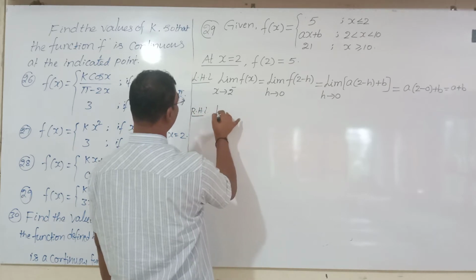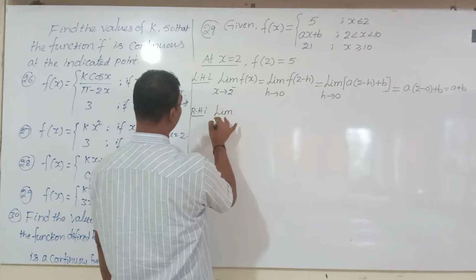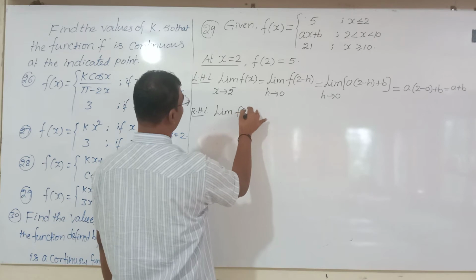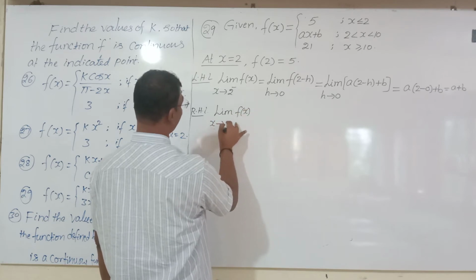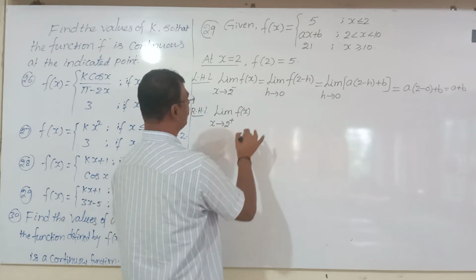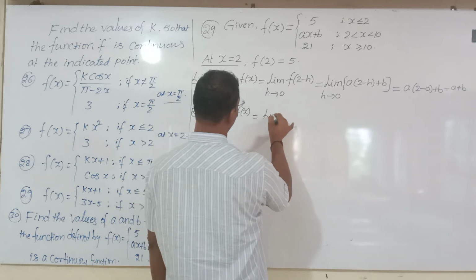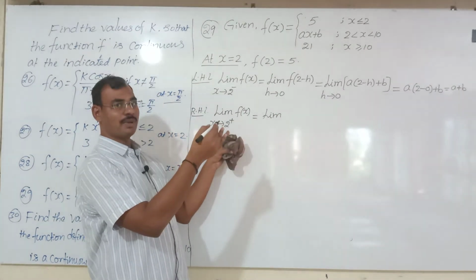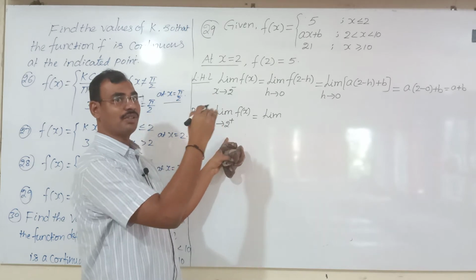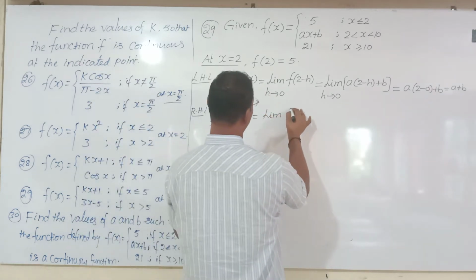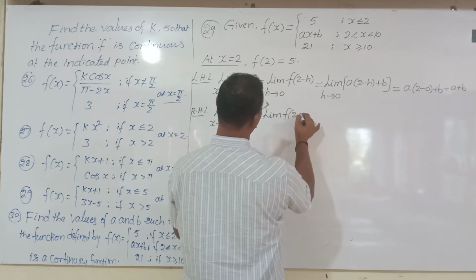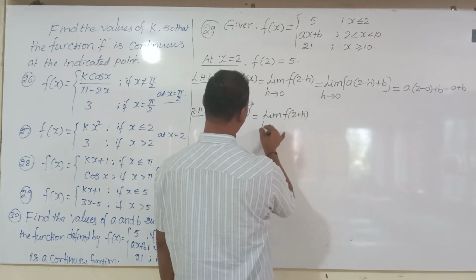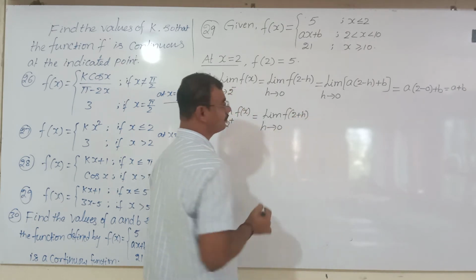Right hand limit: limit of f of x as x approaches 2 plus. This equals limit of f of 2 plus h as h approaches 0, from the right hand side, more than 2, so we should add something.